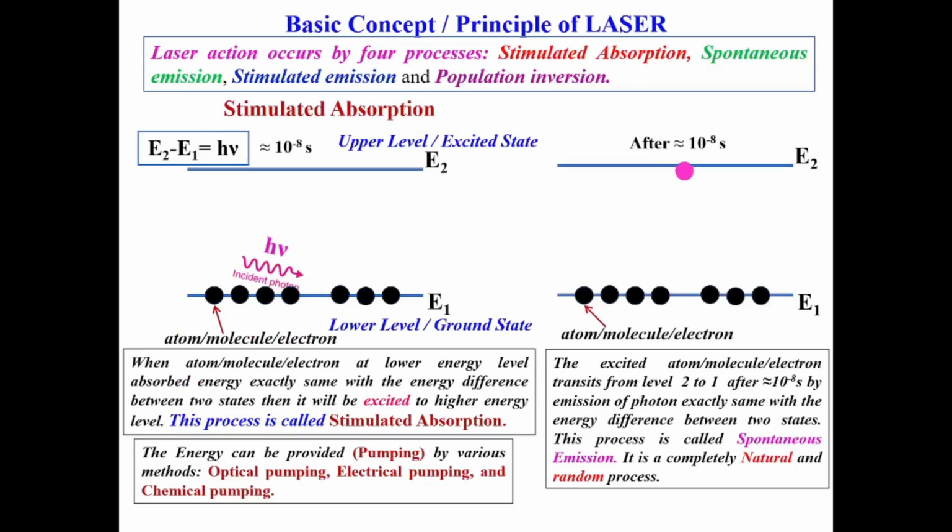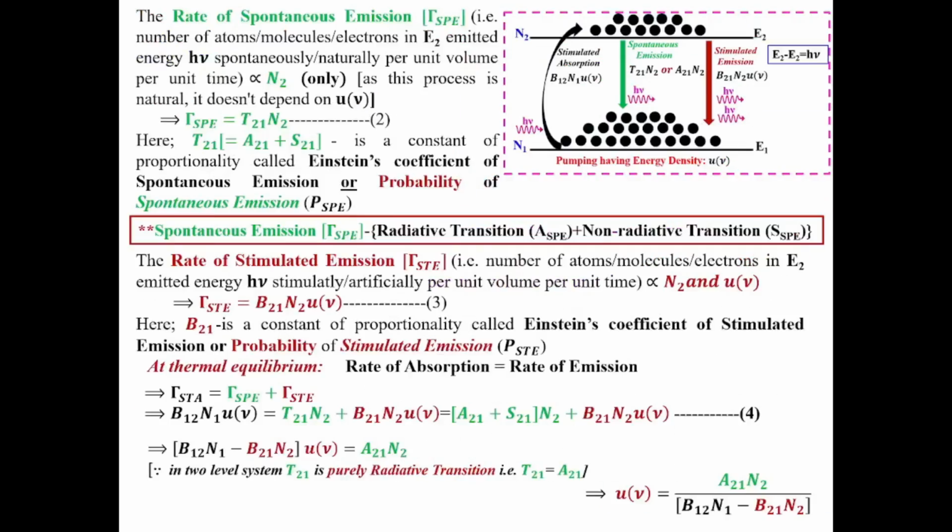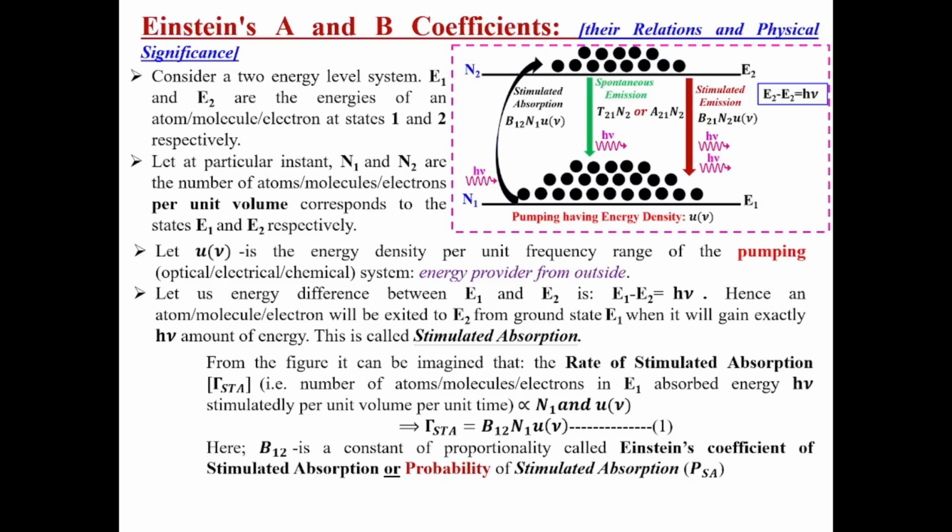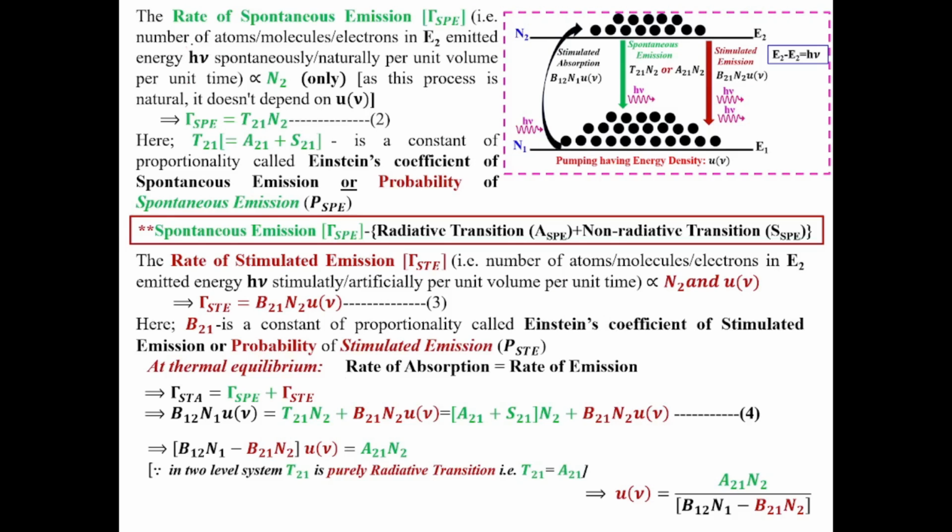In our previous classes, we have already discussed these things. You go through this. I suggest that before you go through today's topic, at least go through Einstein's A and B coefficients, and you should be familiar with these terms. Rate of stimulated absorption represented by gamma STA is equal to B12 N1 U mu, and rate of spontaneous emission gamma SPE is represented as T21 N2.